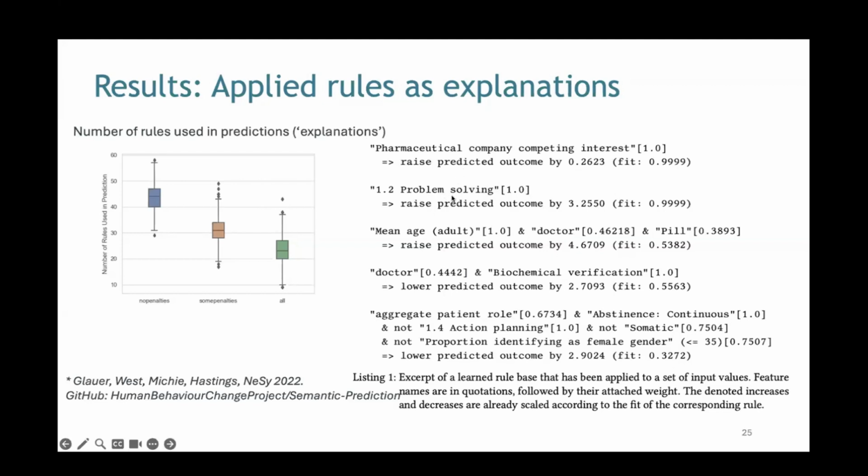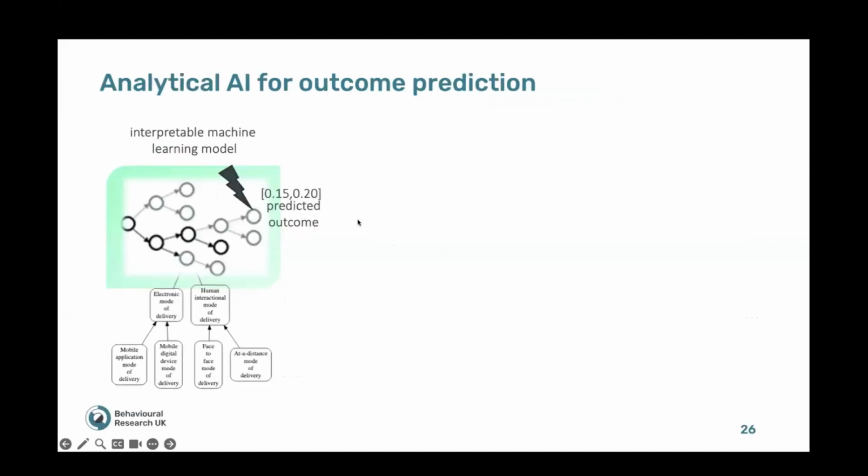And each of these has the potential impact of raising or lowering the eventual predicted outcome in a certain way. We were also able to show that using the ontology and deriving knowledge from the ontology allowed us to constrain these rules to be shorter and more interpretable relative to a pure rule learning system without an ontology combined with it.